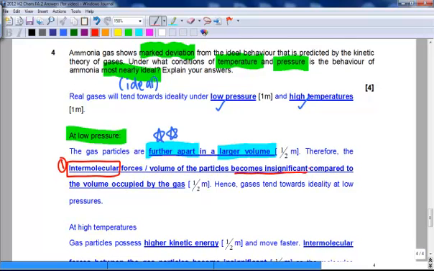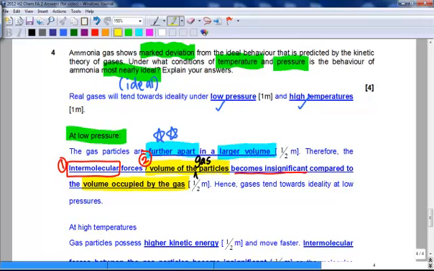Some of you may prefer to write about the volume. Please take note, if you write about the volume, you must ensure that you follow this format. You need to have the volume of the gas particles. Please insert "gas" over here. The volume of the gas particles becomes insignificant compared to the volume occupied by the gas.